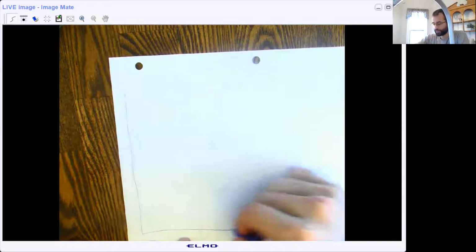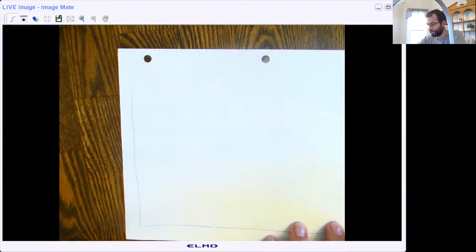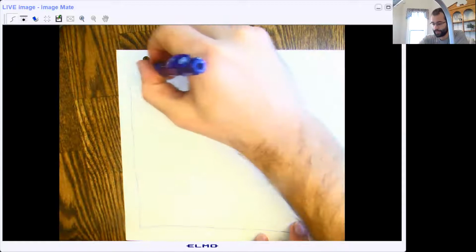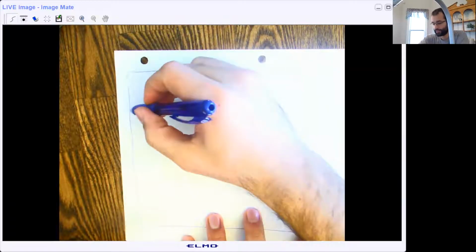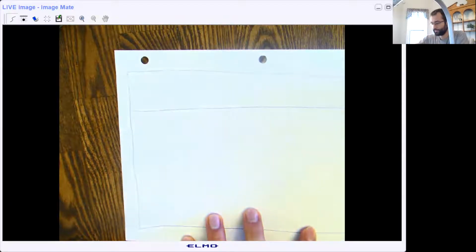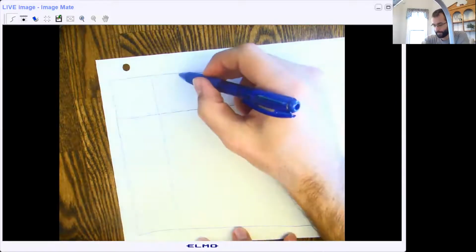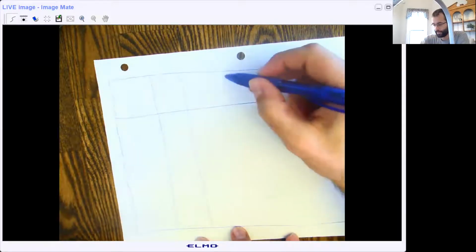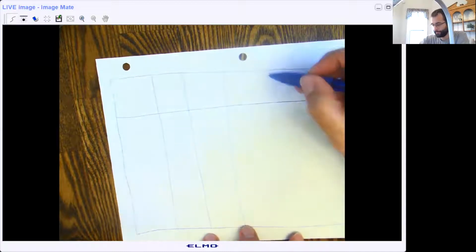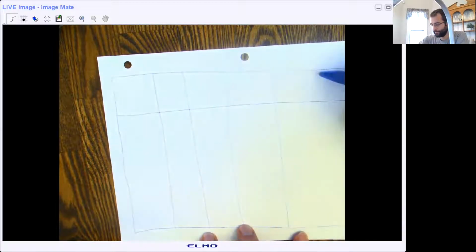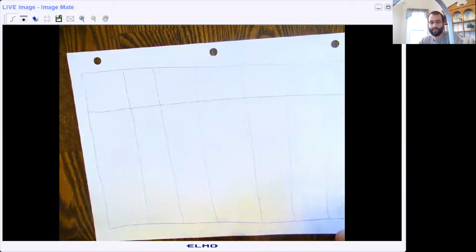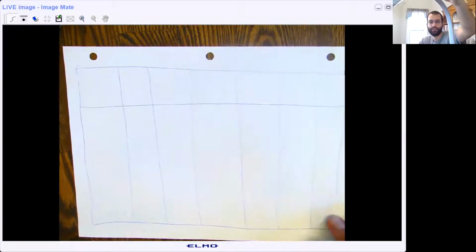All right, so I'm going to draw a big rectangle all the way across. Let's put it here. All right, so you're going to draw something like this on your paper.